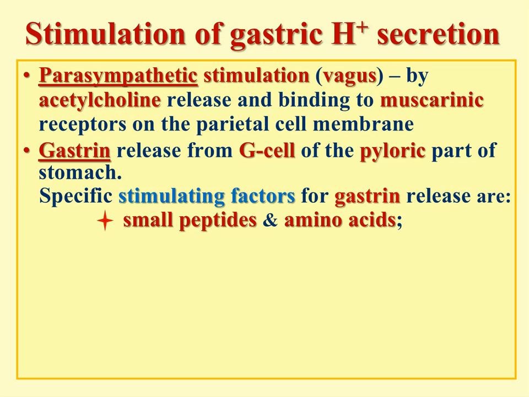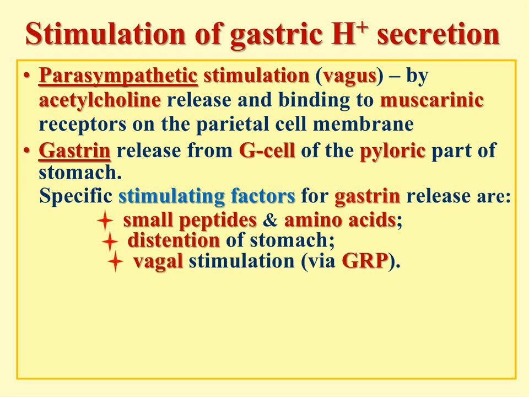So when they appear, it means that the stomach content, the chyme, contains proteins, and proteins require much more acid for their digestion. So when the first portions of small peptides appear in the pyloric part of the stomach, then gastrin is released in higher amount than usual, and it stimulates cells producing hydrochloric acid more strongly. Then distension of the stomach, stretching of the stomach, also stimulates gastrin secretion from G cells.